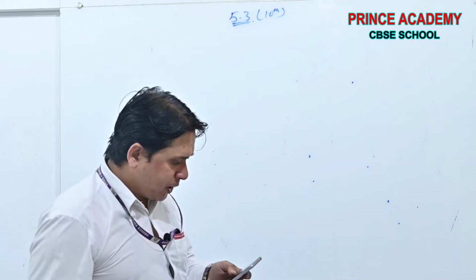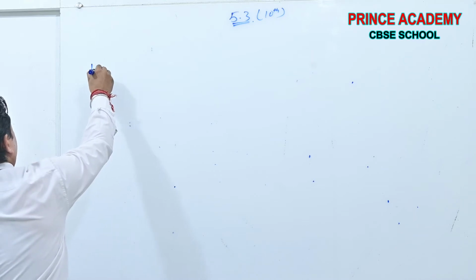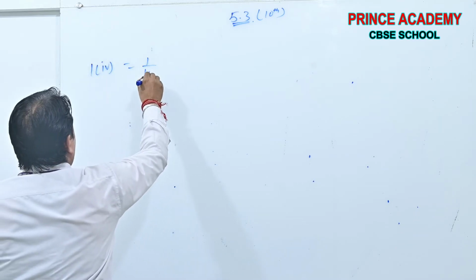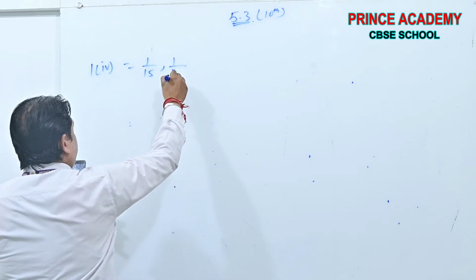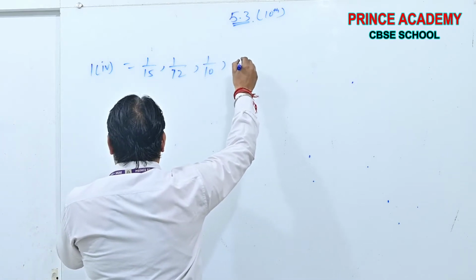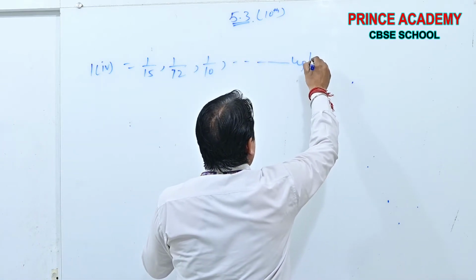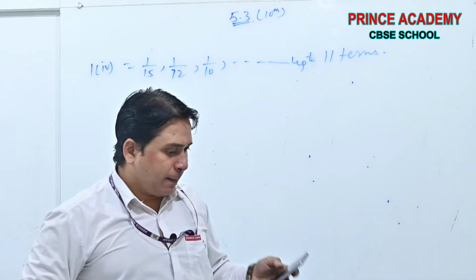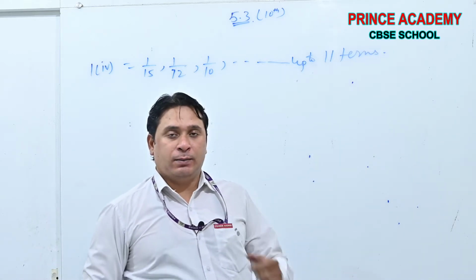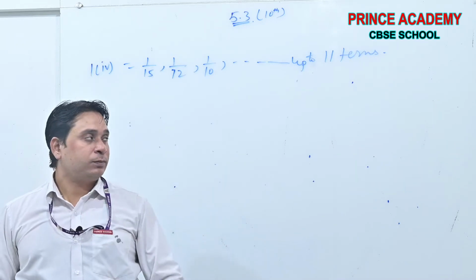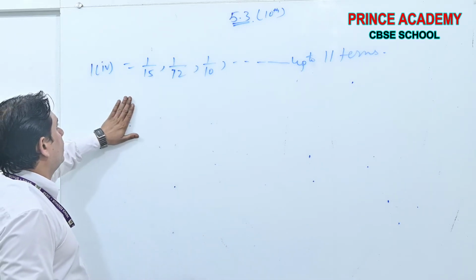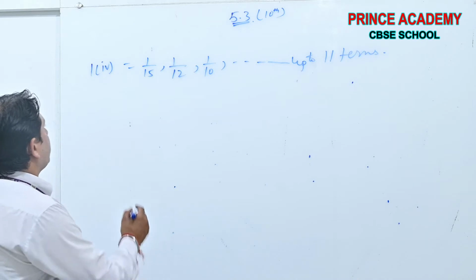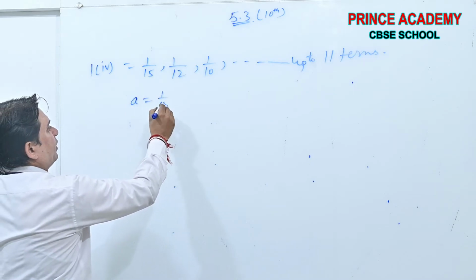See, question number 1 part 4th. 1 by 15, 1 by 12, 1 by 10 and so on, up to 11 terms. Now see, beta. First term is 1 by 15.